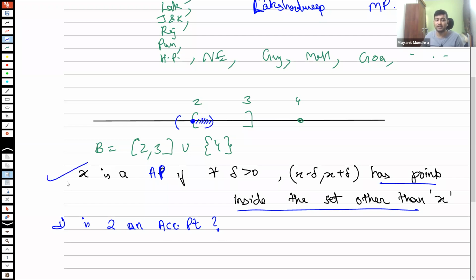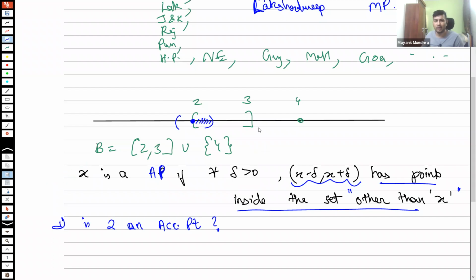So that validates my definition. It says that this neighborhood should have some points inside the set other than X. So the right points are going to be inside the set other than X.